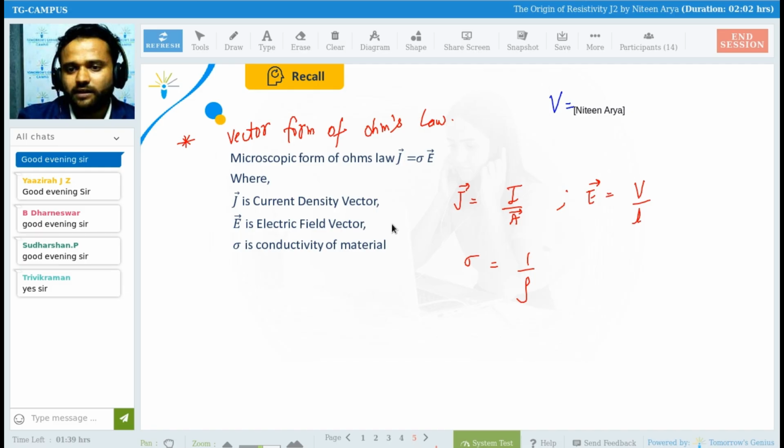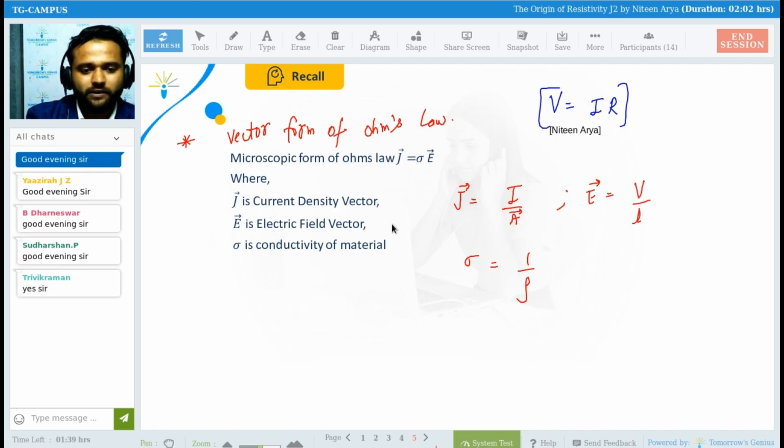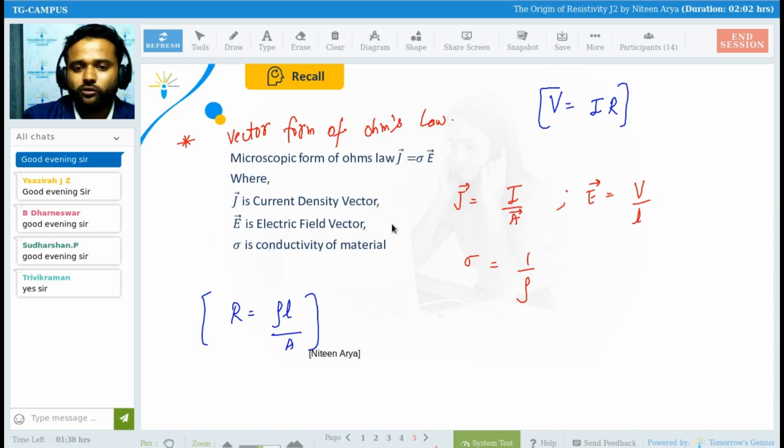This again comes from V equals IR. Just put the value of R, as I told you in the previous class, rho L by A, and rearranging every term, we can get this. I'm not going to derive this again, but I just let you know, for the people who were not in the previous class, how we can go about it.